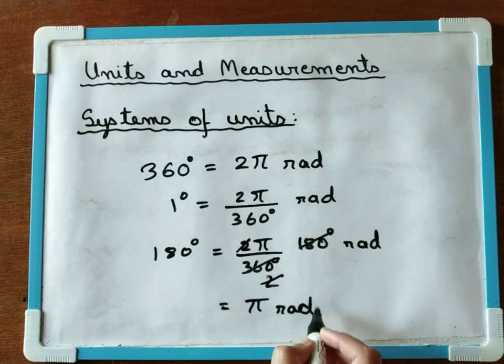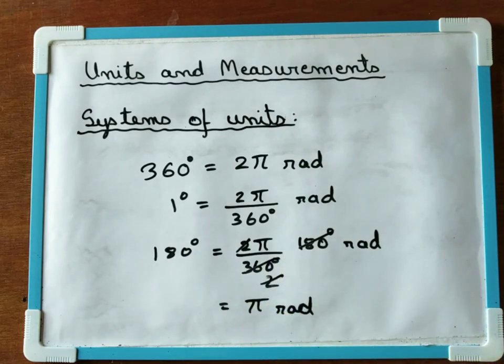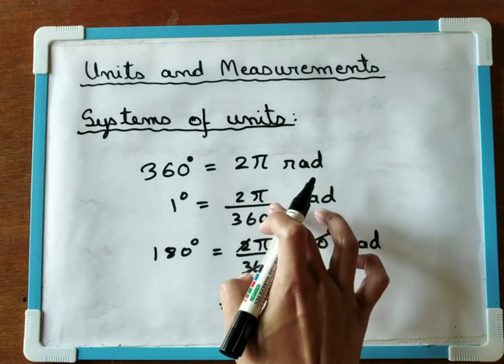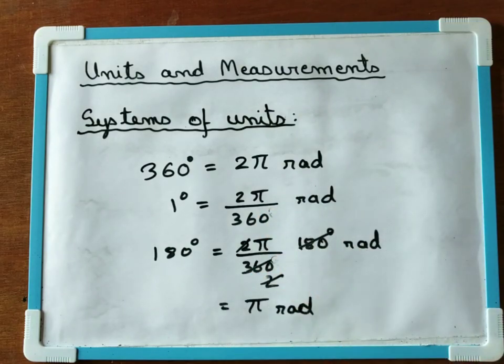So by using this formula, we can convert any angle in degree into radian. So 1 degree is equal to 2 pi divided by 360 radian.